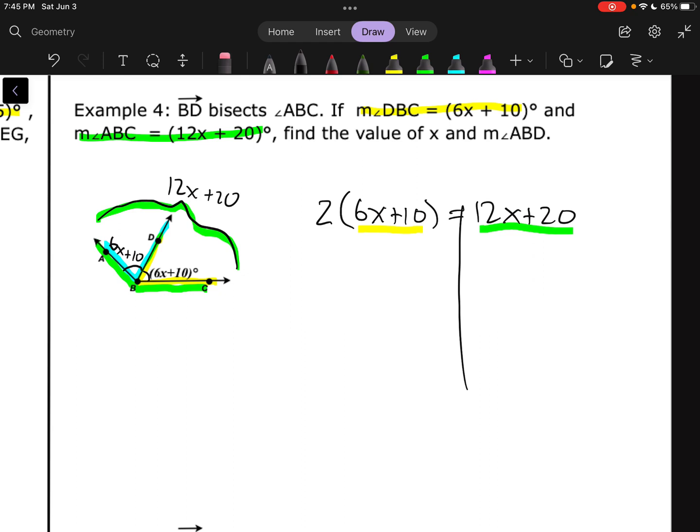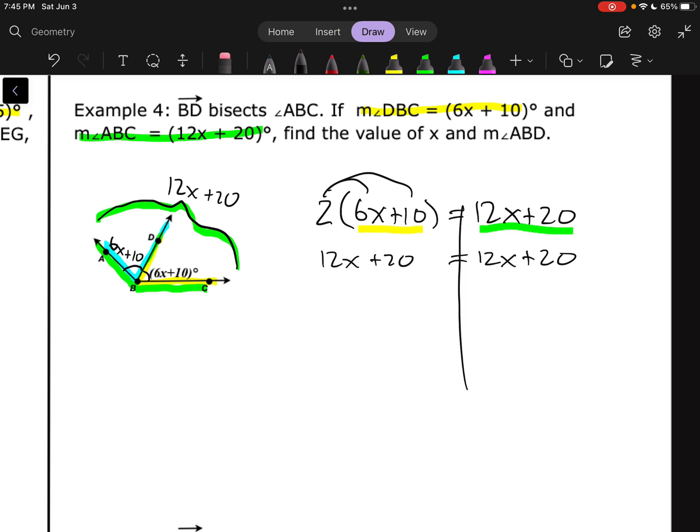All right, so I got my equation to represent my geometric situation. Let's distribute. 12x plus 20 equals 12x plus 20. This is a little bit weird, isn't it? I got the same thing on both sides. So what happens here?